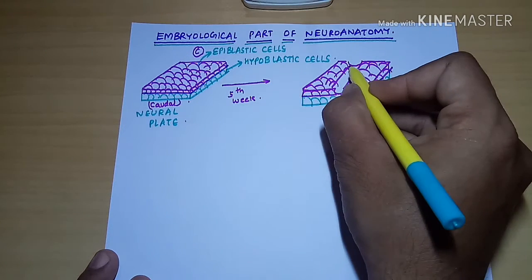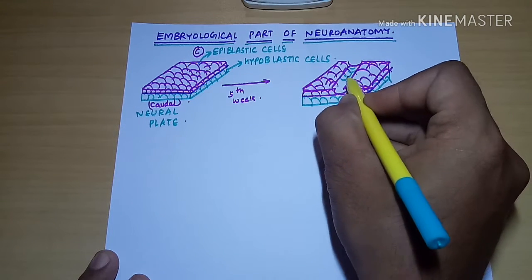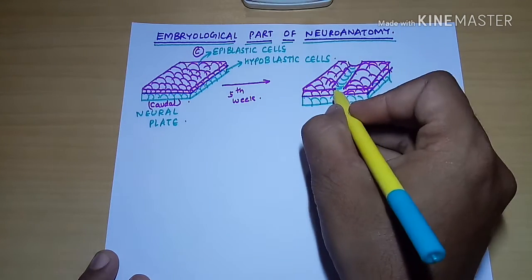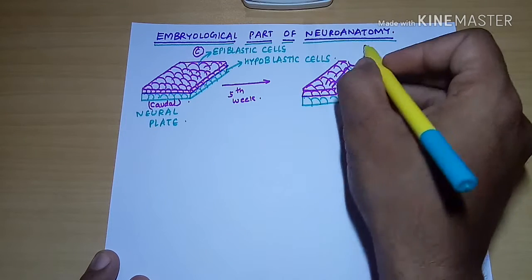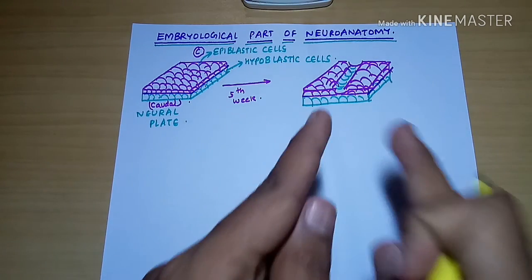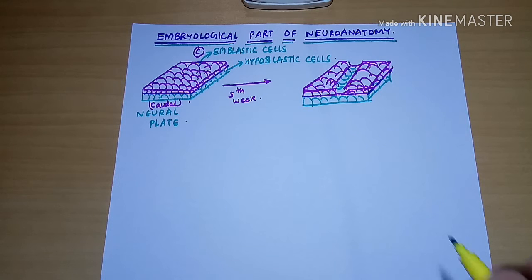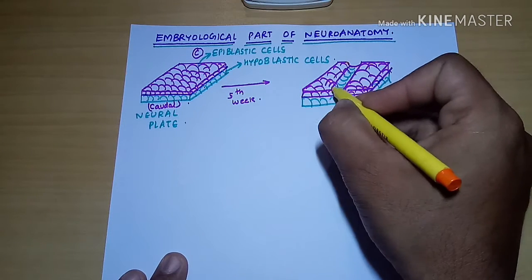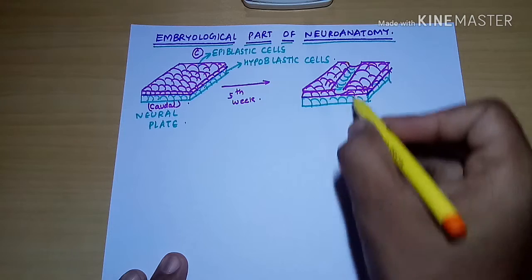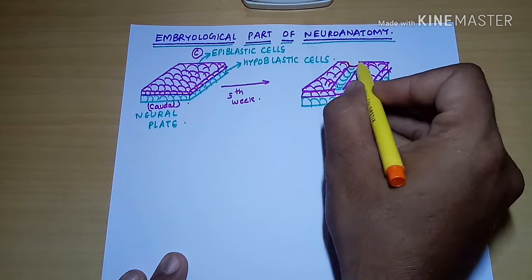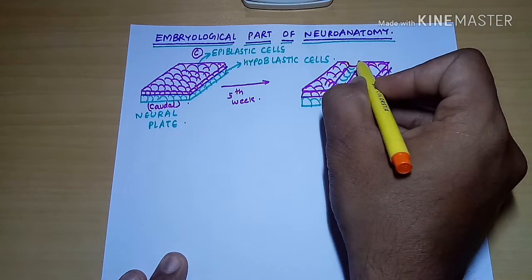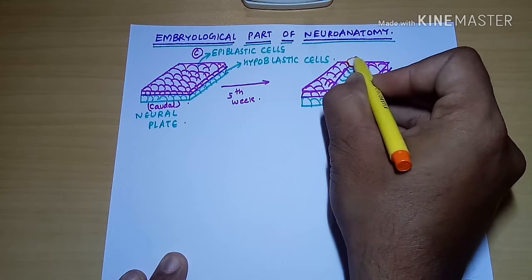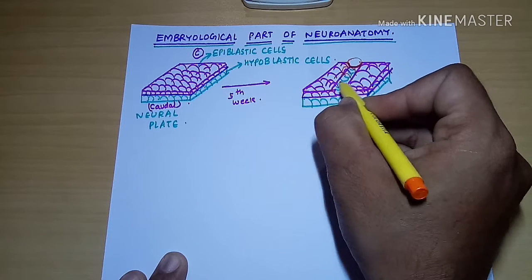This folding is started from the caudal end towards the cranial end, and this folding will get merged together in the presence of folic acid. Folic acid is required to form a neural tube. So this groove will get joined together and form a full neural tube.